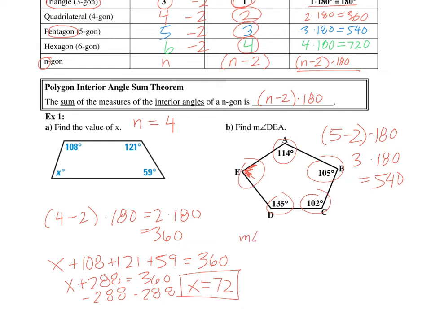So I have the measure of angle DEA plus 114 plus 105 plus 102 plus 135 is equal to 540. I'm going to add these angle measurements up: 114 plus 105 plus 102 plus 135 is equal to 456.